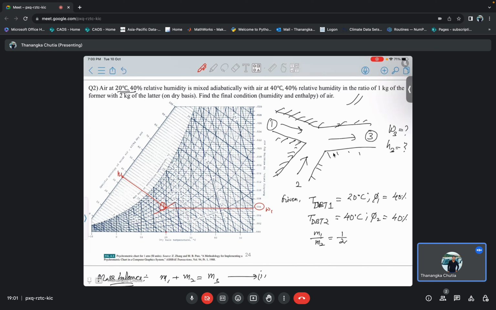From 40 degrees Celsius we will go straight until it intersects that 40% relative humidity line.